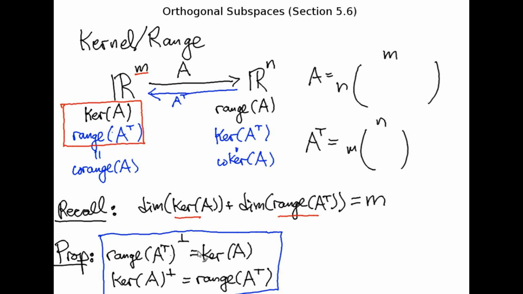If you take this equation and you just take the orthogonal complement of both sides, you get this one. So in any event, this is like a stronger version of this. This is just a statement about dimensions, but this is actually a statement about vector spaces being each other's orthogonal complements. But if you have this fact, if you know that the dimension of the kernel of A plus the dimension of the range of the transpose has to be the dimension of the vector space, this statement certainly implies this.